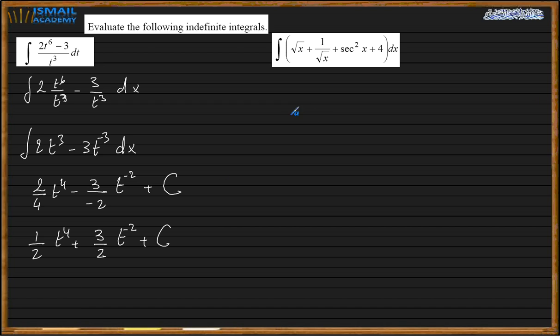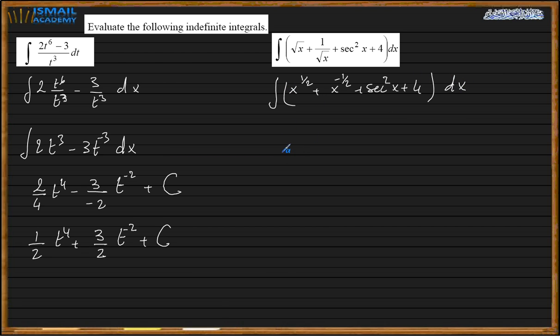For the next one, I need to simplify it to make it better. So it's going to be x to the half plus x to the minus half plus secant squared x plus 4 dx. Now I integrate this.